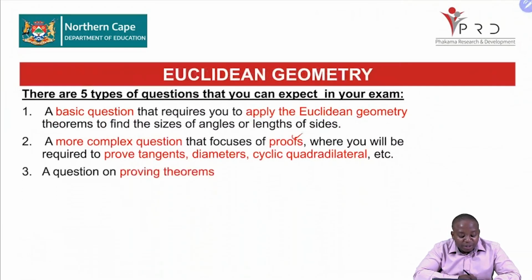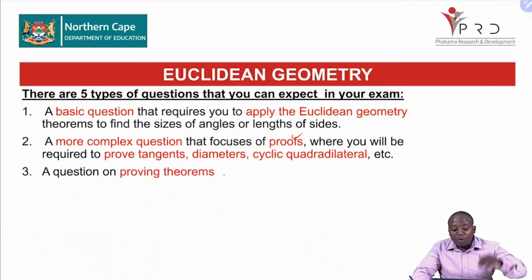The third question is going to be a question on proving the theorems. So this one is where we are given a diagram and we are supposed to prove a particular theorem. And very important here, you must always have the construction when we are dealing with the proving of a theorem. The difference between number 2 and number 3 is the following.